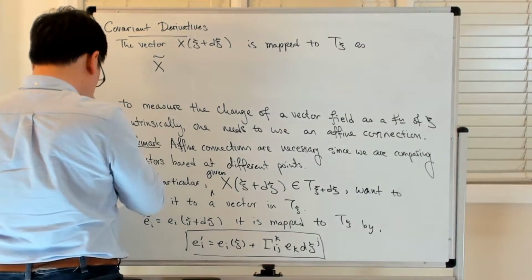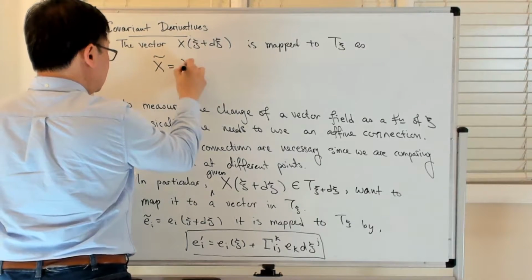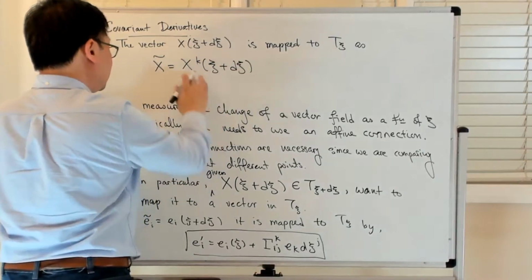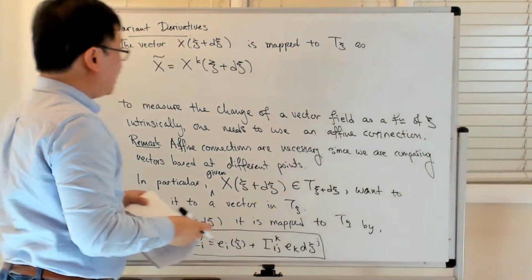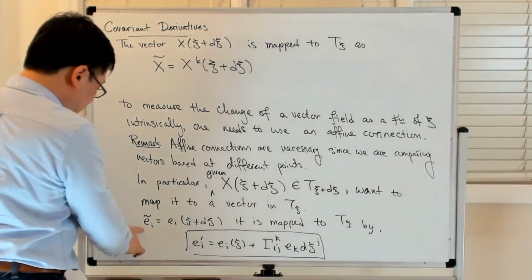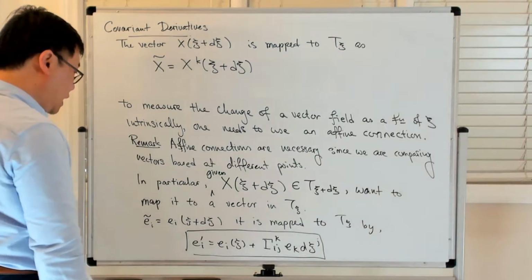So this is X^k(c plus dc). I'm keeping the coordinate value the same, but I'm changing the basis vector, so this basis vector is E~_i.